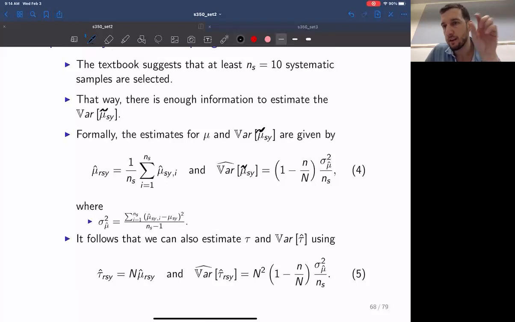And we decompose that total variation term, or total sum of squares, into two types: the between systematic sample sum of squares and the within systematic sample sum of squares. And this is actually the between systematic sample sum of squares. So from this, of course, estimating the total would be done in the normal way. We just have to multiply by our population size.